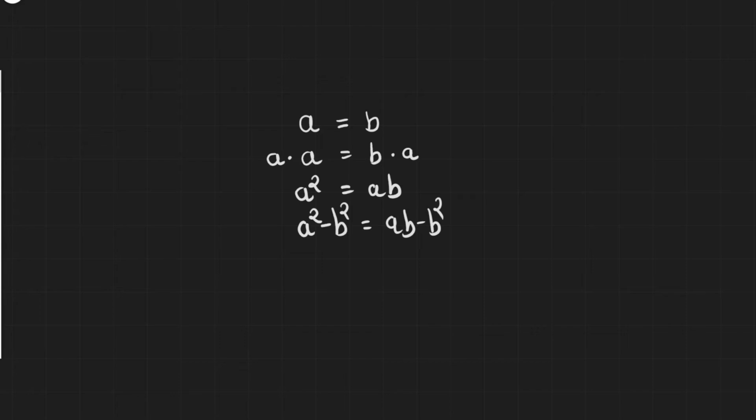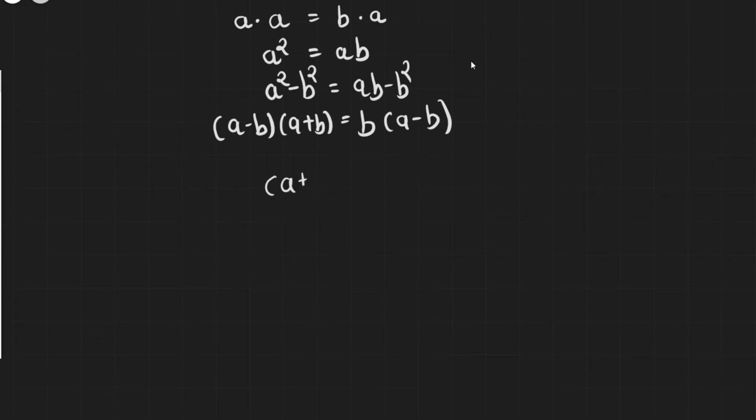So this is a valid rule, right? And here I can factorize this A square minus B square into A minus B, A plus B, and here I can take common B and remaining will be A minus B. Now A plus B will be here.